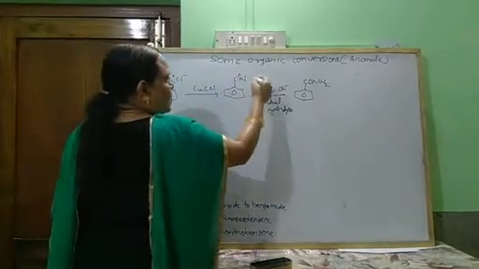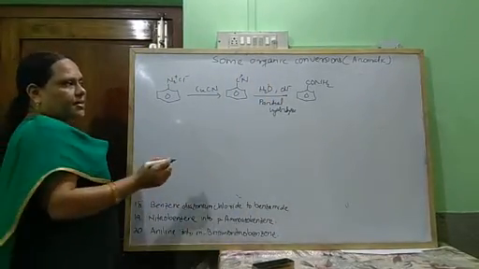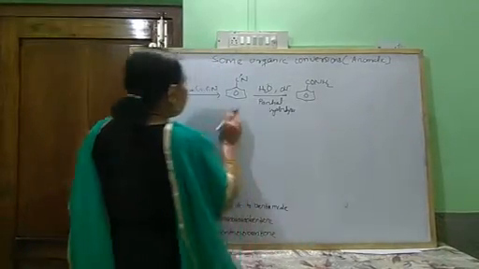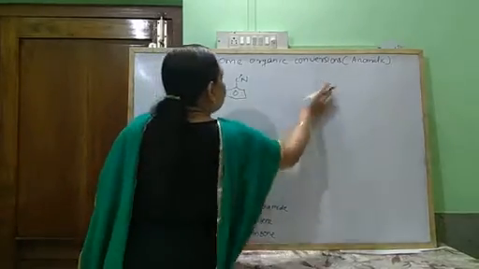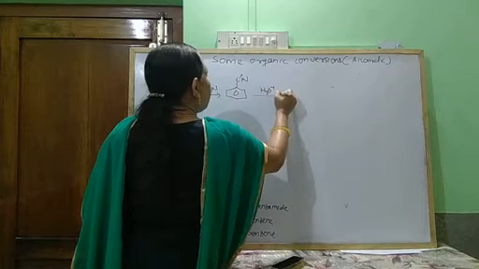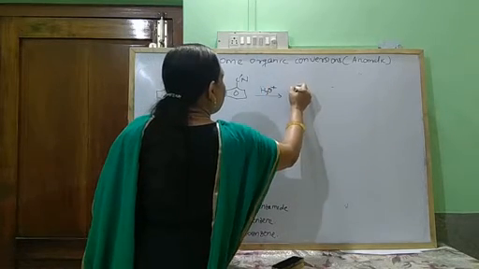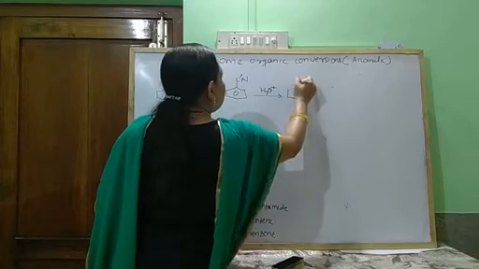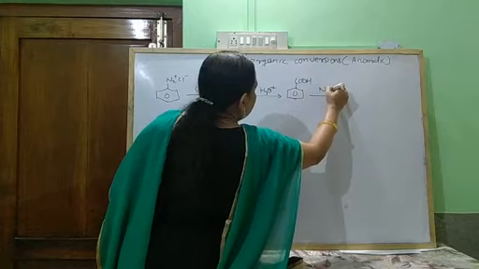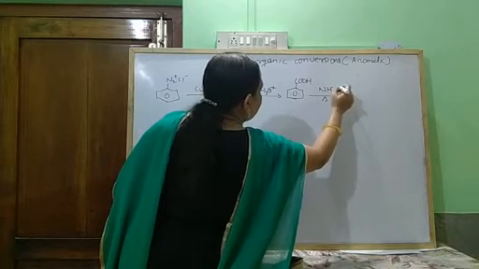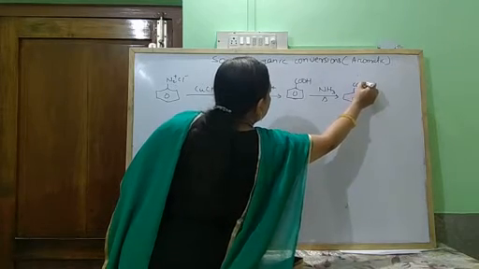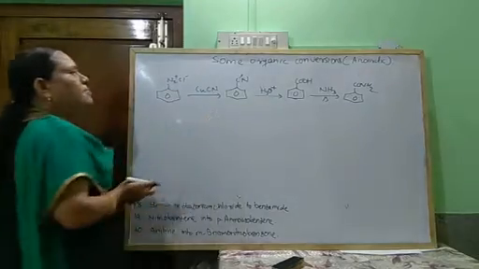Otherwise, if you do complete hydrolysis, then treat with ammonia. Another step is also there, I am writing here. So this is a two-step reaction, or if it undergoes hydrolysis in acid medium, complete hydrolysis, first it forms benzoic acid, and this treated with aqueous ammonia and heat, it forms benzamide.